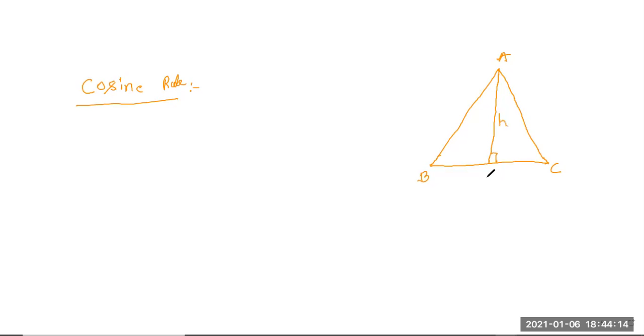This is supposed to be a, this is supposed to be b, and this is supposed to be c. So this entire length is a. This is angle B, this is angle C, and this is angle A. Suppose this is point D.